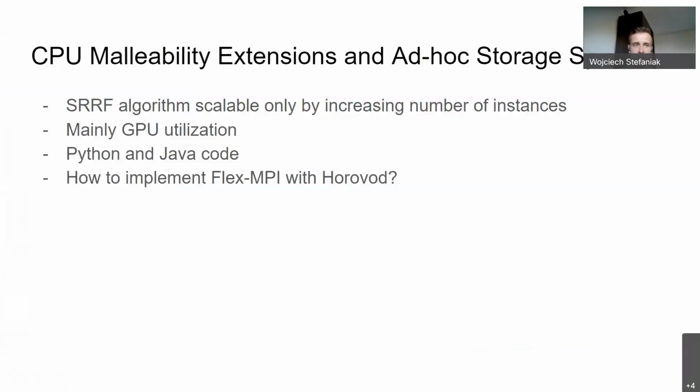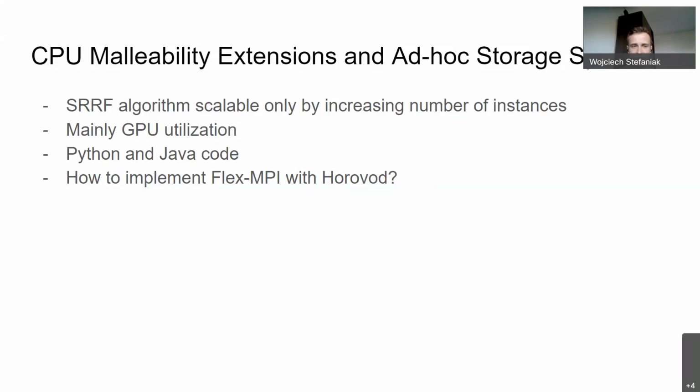About the CPU malleability extensions, there are concerns, of course, because our applications are not scalable by increasing the number of CPUs or changing it. I would say that if we wanted to use multi-threading in this serve application, it would take a lot of time.